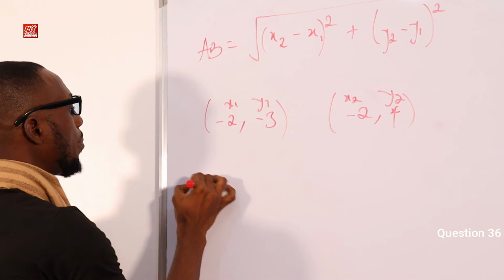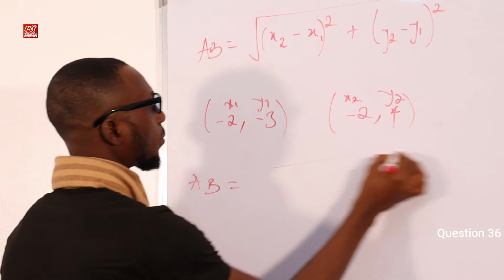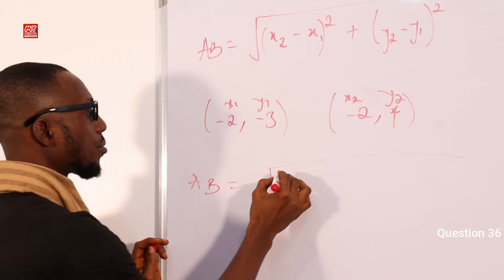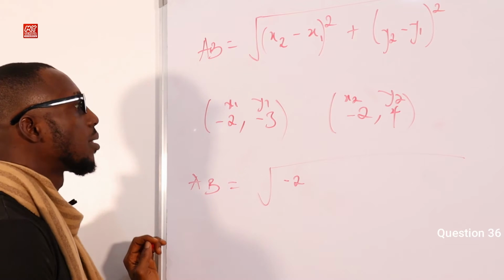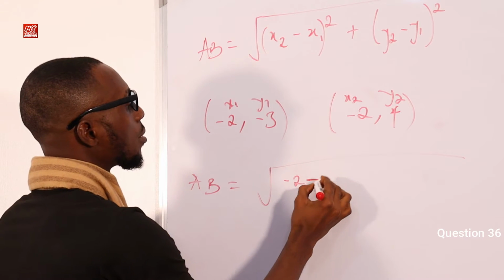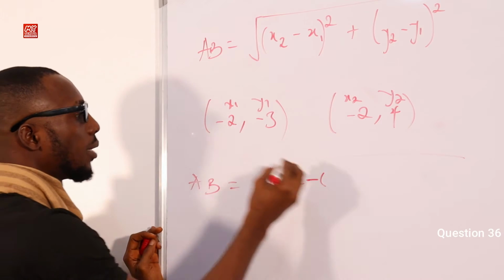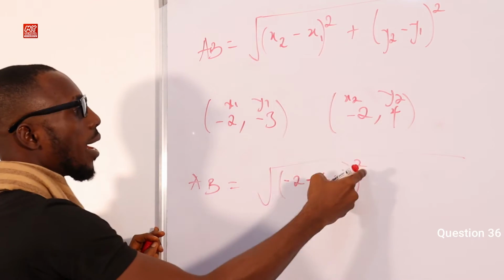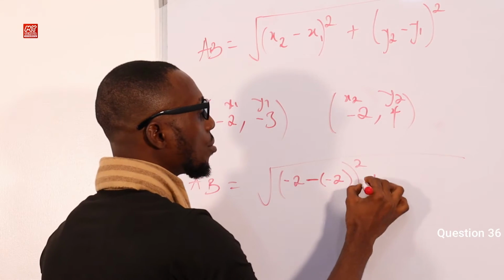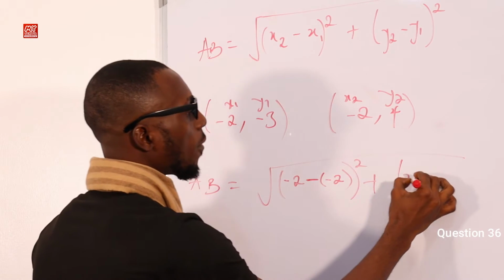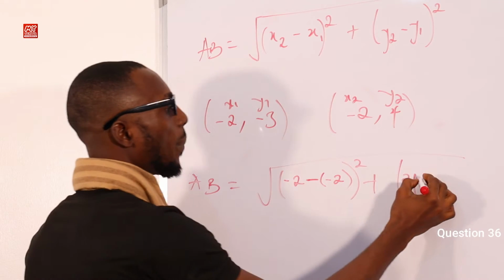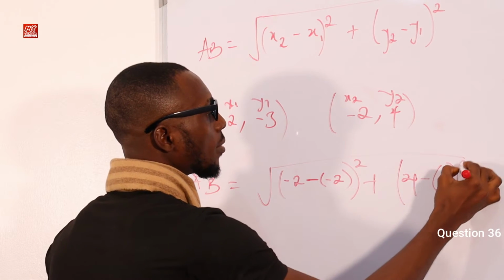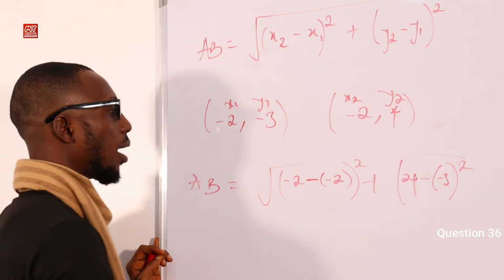So we'd have AB equals the square root of x2, which is -2, minus x1, which is -2, squared, plus y2, which is 4, minus y1, which is -3, squared.